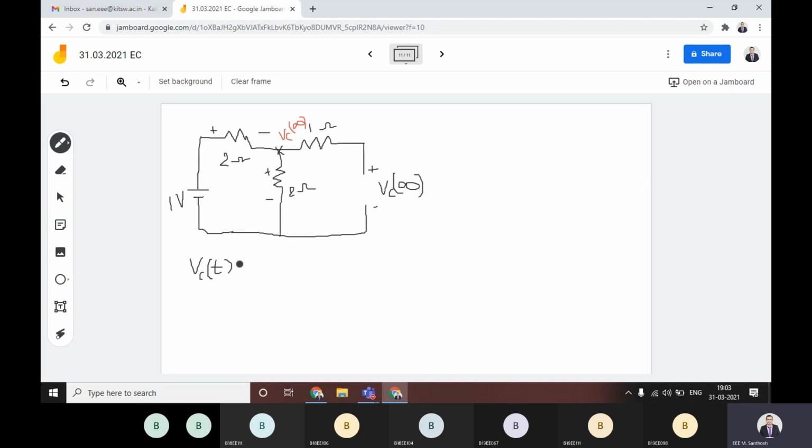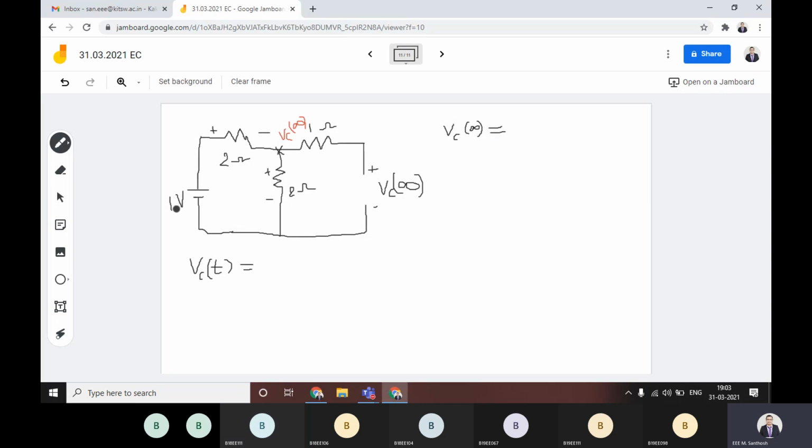For calculation of Vc of t, first we need the final value, that is Vc of infinity. How much is Vc of infinity you have calculated? 0.5. Very good. How are you getting it?